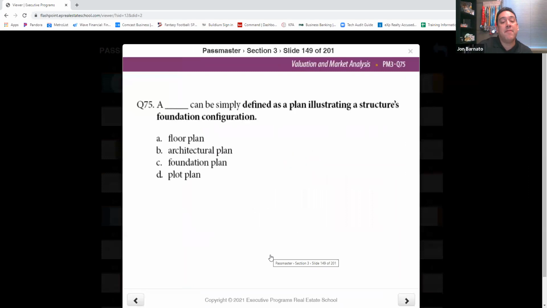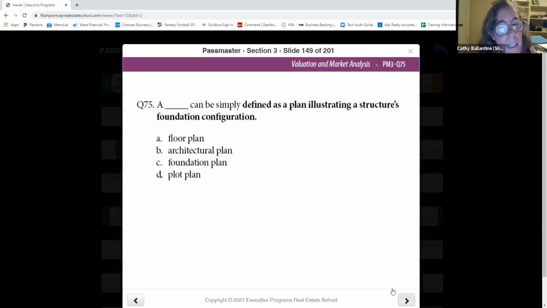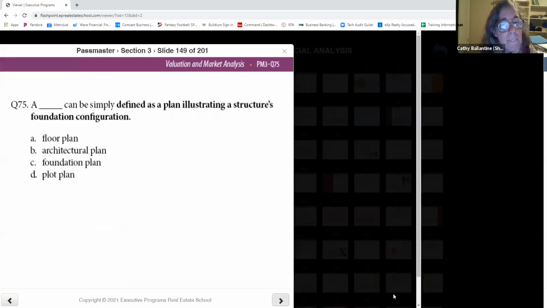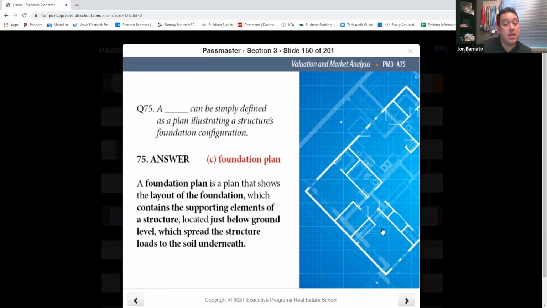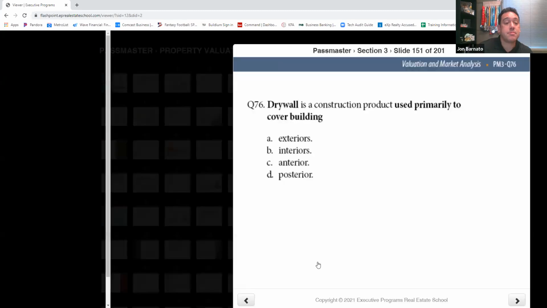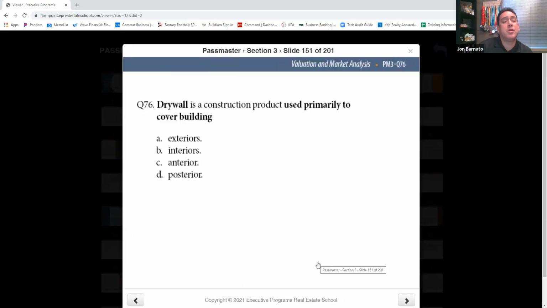A blank can simply be defined as a plan illustrating the structure foundation configuration. C, foundation plan. Correct. Good job. Drywall is a construction body used primarily to cover building interiors.